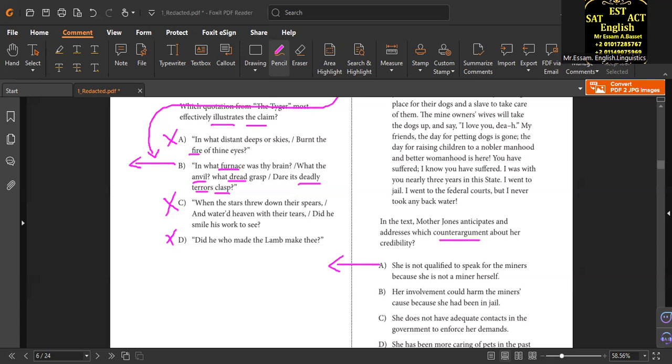Let's find. She said here, "I know you have suffered." And at the same time, she mentioned something opposite: "I was with you nearly 3 years in this state." So this means you lived with us only 3 years and you know everything about us?